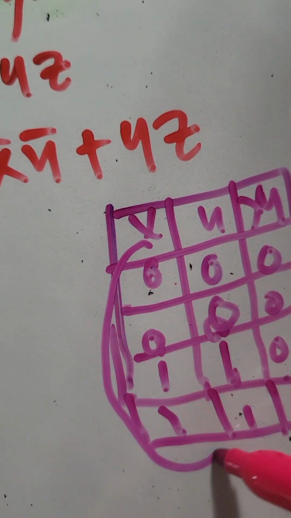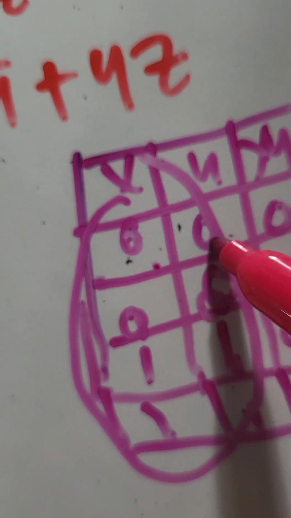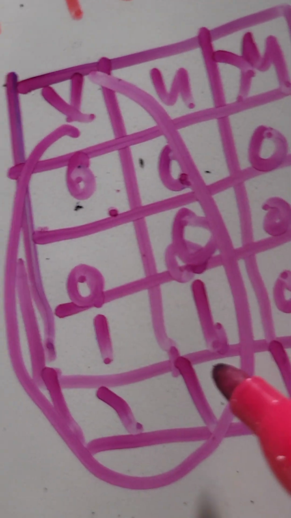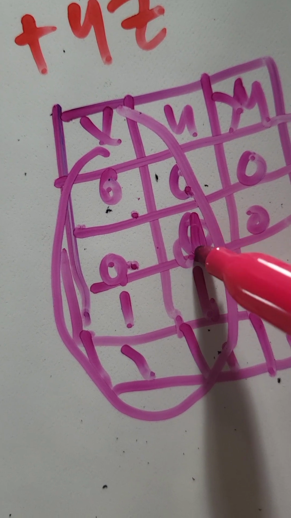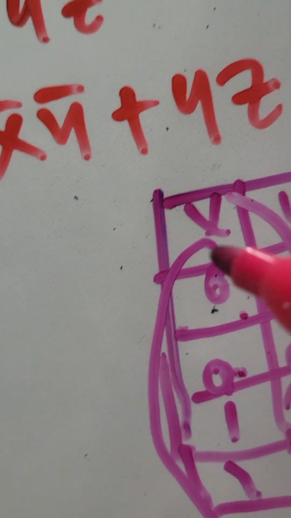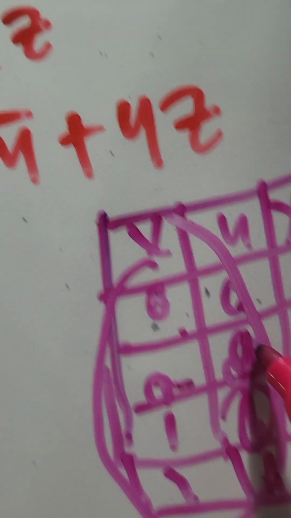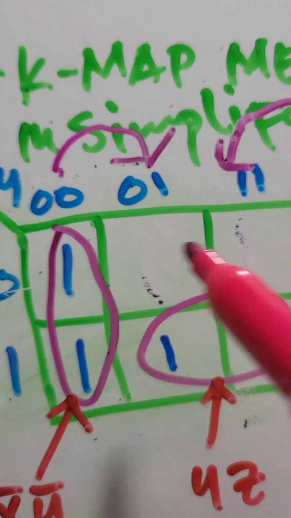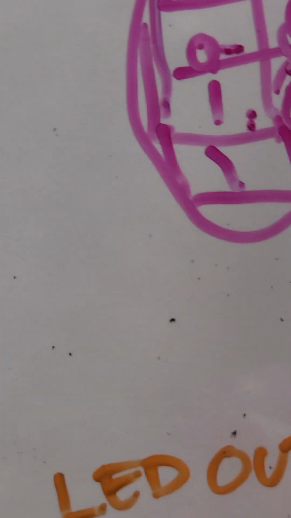Now we are concerned with this one. So 0 0 0, xy 0 0, then 0 1, 1 1, and last is 1 0.